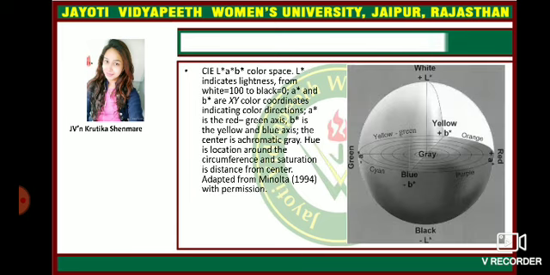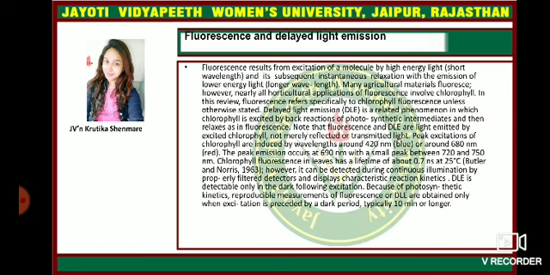In the CIELAB color space, L indicates brightness from white to black, and a and b are the XY color coordinates indicating color directions. A is the red-green axis, B is the yellow-blue axis, and the center is achromatic gray. Hue is the location around the circumference, and saturation is the distance from the center.